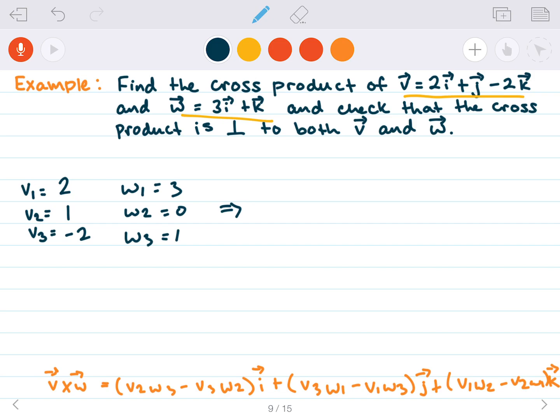Okay, so now we are going to apply the formula here, and I know it's messy, but it'll look nice at the end. So the first thing is v2 times w3.